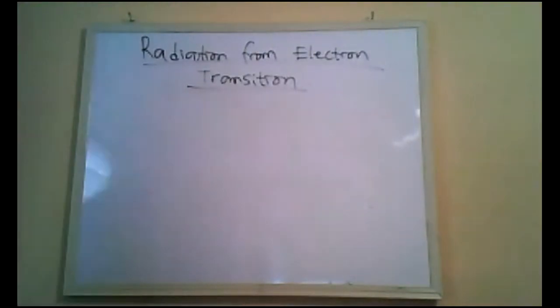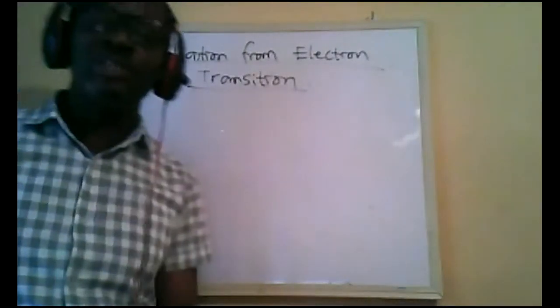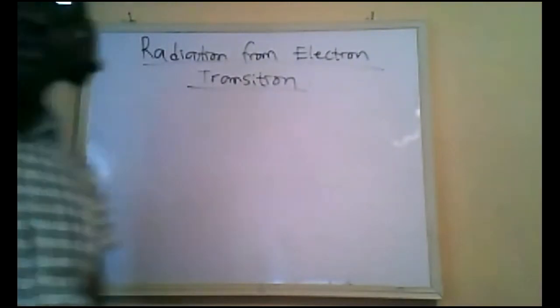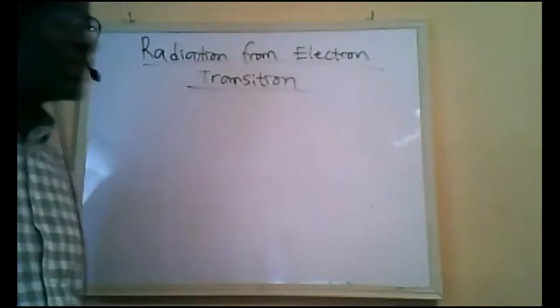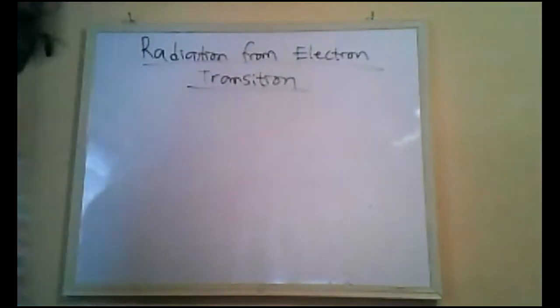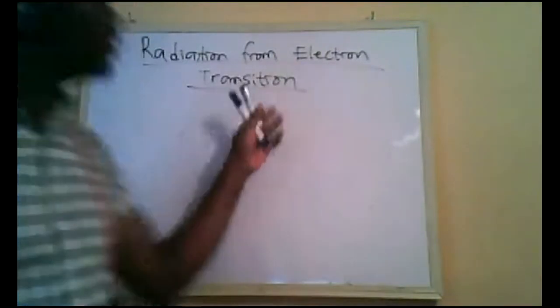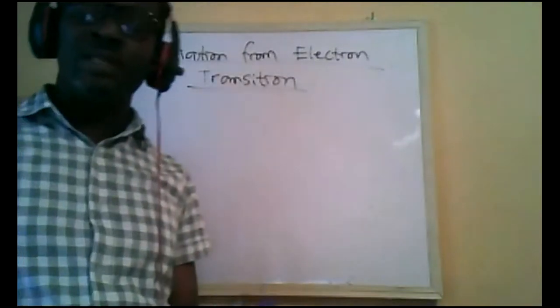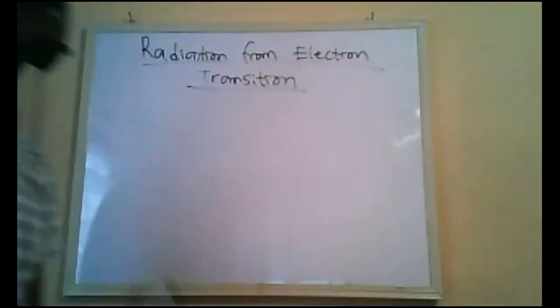When we have radiation, or say a particle or electromagnetic radiation interacting with an atom, we are looking at the electron now. That electron receives an amount of energy.